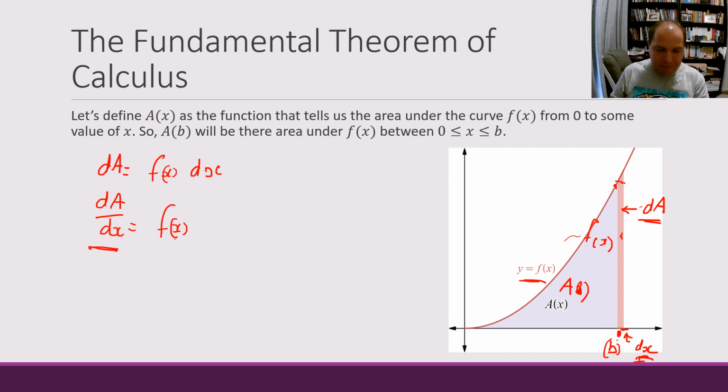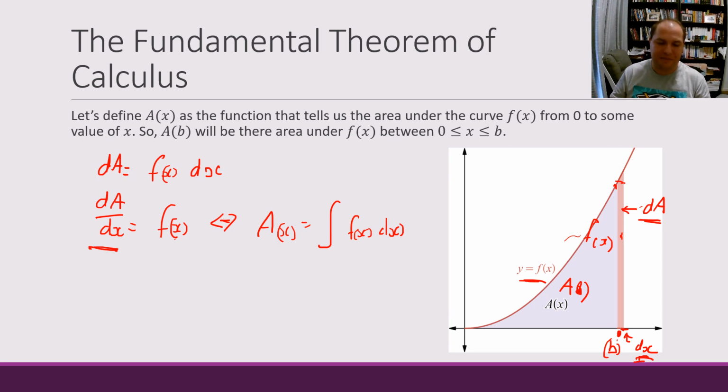Now, if we want to change that around a little bit, we've talked about antiderivatives and going in reverse. So if f of x is the derivative of my area function, then my area function is the antiderivative of my original function. Now I'm trying to find the area underneath.